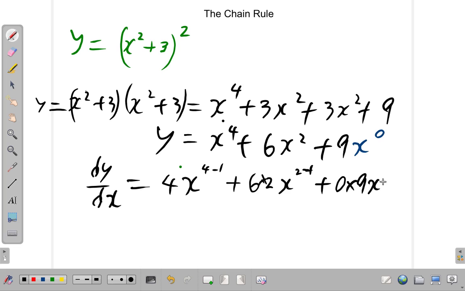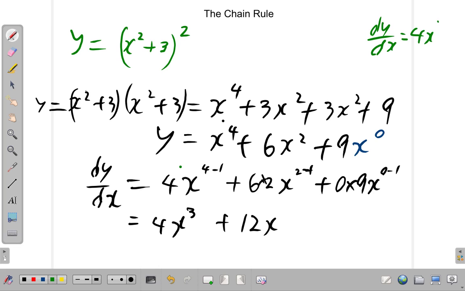So you have 4x to the 3 plus 12x. Don't bother to write the zero. So dy by dx is equal to 4x cubed plus 12x. So that's what we get for that.